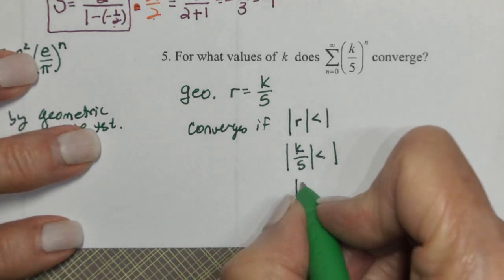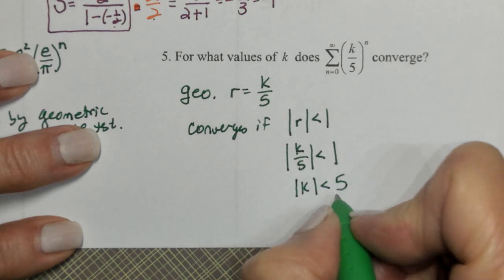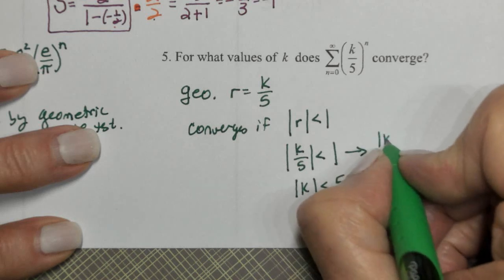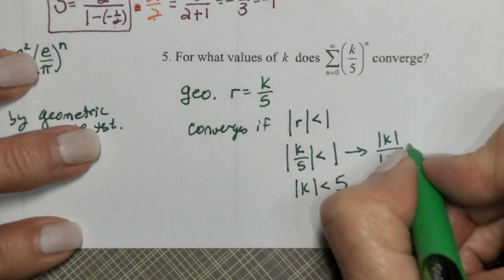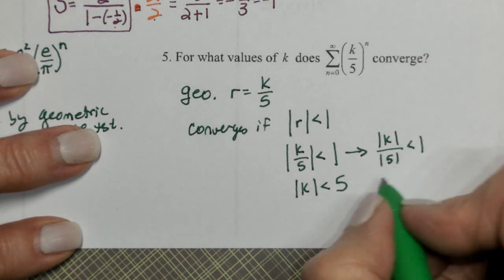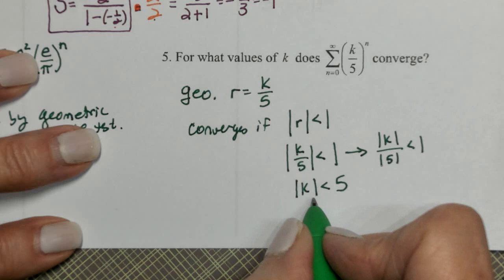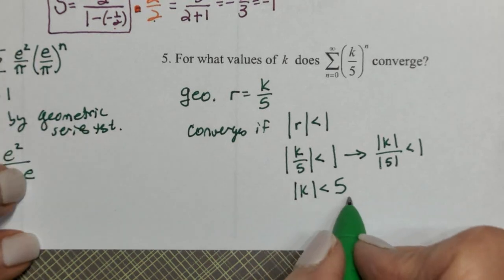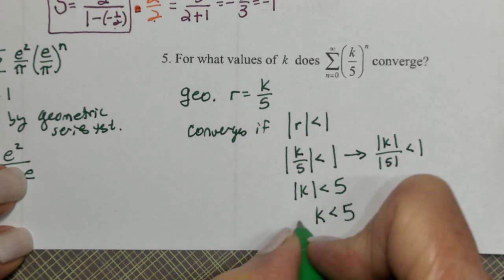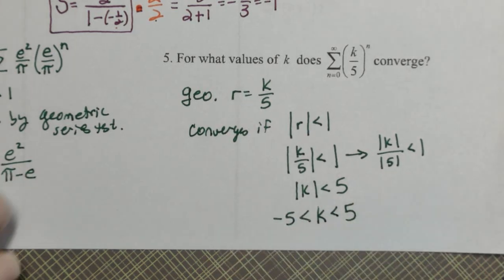This would be the absolute value of k over the absolute value of 5 is less than 1. The absolute value of 5 is just 5, and I'm going to multiply it to the other side. So the absolute value of k is less than 5, which means k is less than 5 but bigger than negative 5. It's between negative 5 and 5. And those are the values of k that make that series converge.